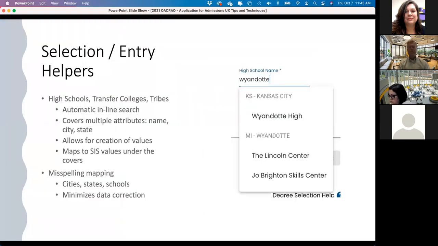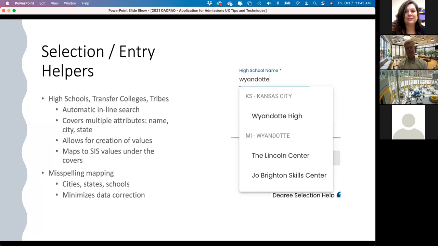The next thing I want to talk about is helping people select things. We spent a lot of time on this, because the way that PeopleSoft, and I'm sure other student information systems, collect high school information can be very problematic. You have multiple things you're trying to accomplish.